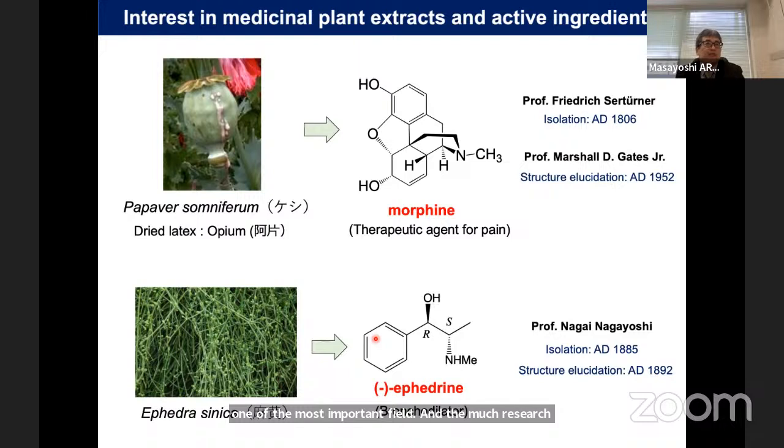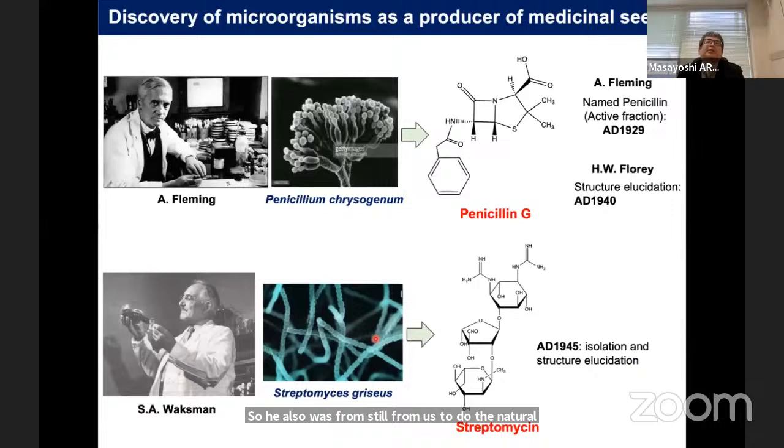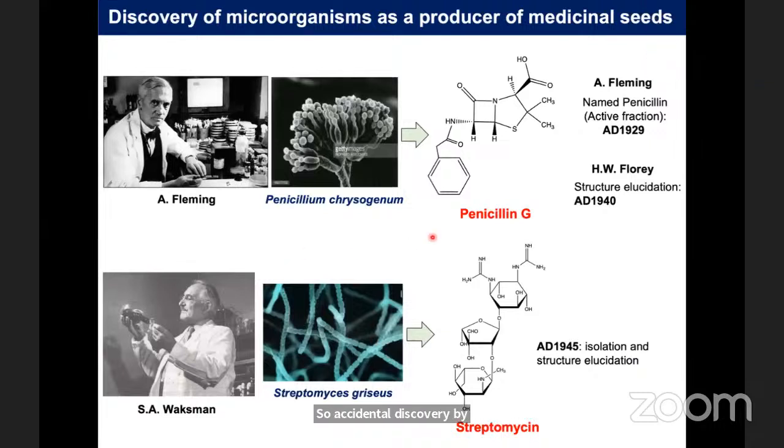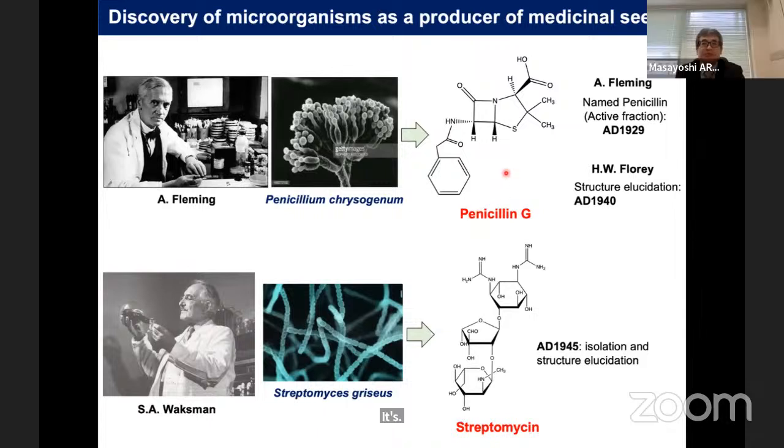In other words, plants are still a good natural resource from which to isolate bioactive secondary metabolites. Subsequently, the accidental discovery by Fleming that fungi produce an antimicrobial substance, penicillin, and the discovery of streptomycin from actinomycetes by Waksman led to a focus on microorganisms as a medicinal resource.